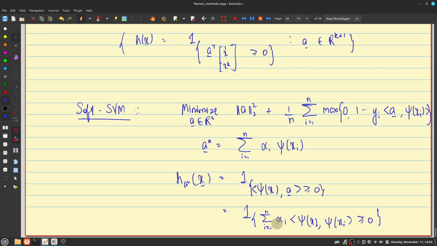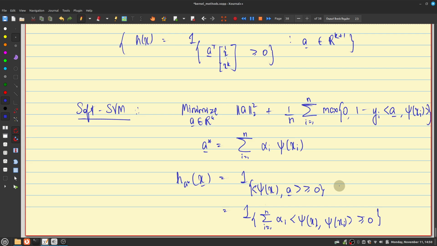So let's say that I have some magical way of finding the alpha i's. I'm able to solve this optimization problem. Then I don't really need to know what psi of x and psi of xi are. If there is some way of computing inner products between psi of x and psi of xi, that is sufficient.